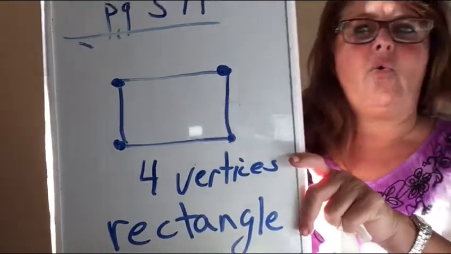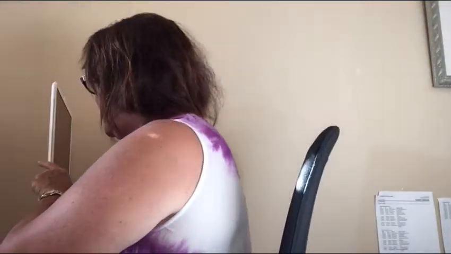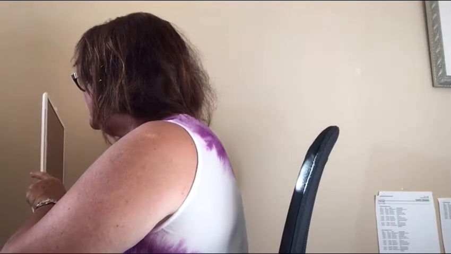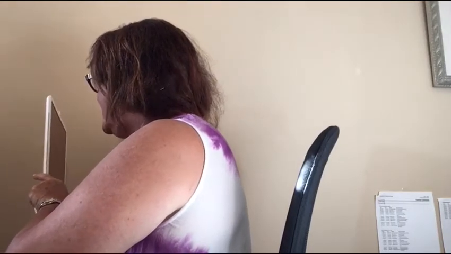It's got the 4 vertices, the 4 angles, the 4 sides. A rectangle. That was number 4.